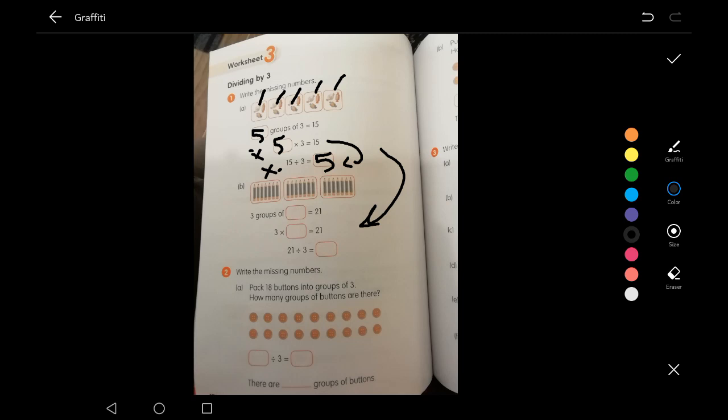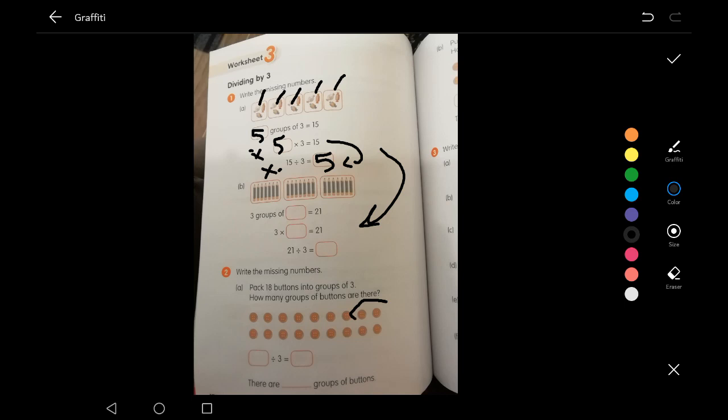Now let's solve question number 2. Write the missing numbers. Pack 18 buttons into groups of 3. We have to divide them into groups of 3. So how many groups of buttons are there? I need you to work with me.